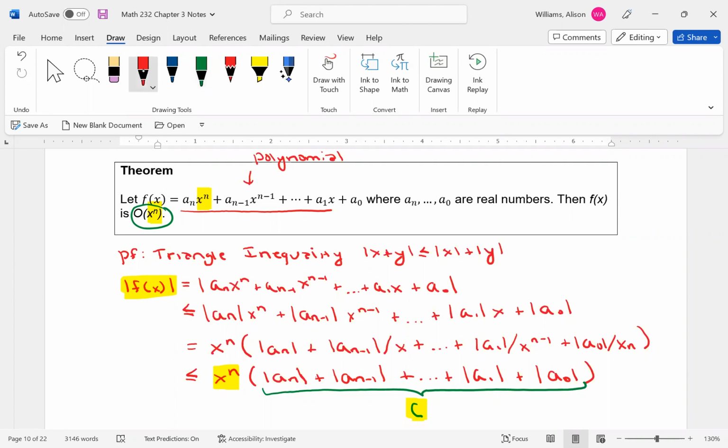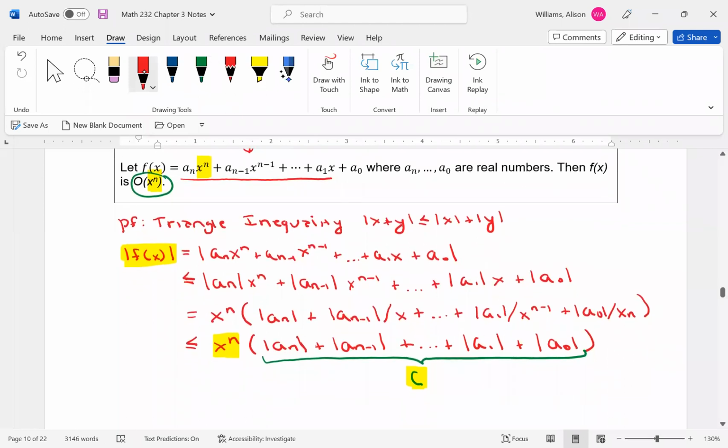And in this problem, k needs to be bigger than 1 in order to work. So x needs to be bigger than 1 in order for this statement to work, because fractions aren't going to be smaller if I'm not using a 1. In other words, if I'm putting fractions into the denominator, that's a problem.